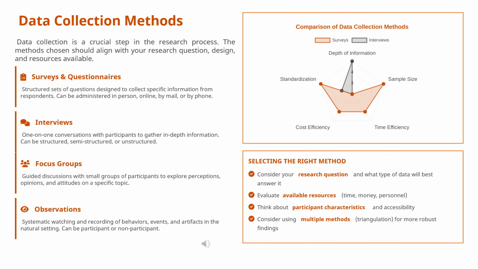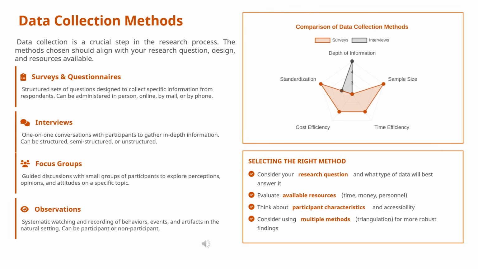So before we look at data analysis, we need to look at data collection methods, because it's very, very important. You collect your data, which is a crucial step in the research process. For instance, once you have your research design and the sampling strategy, you need to collect data.